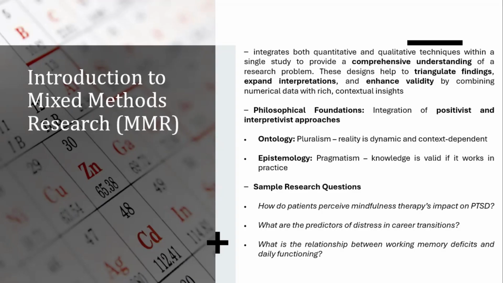That's triangulation. Integration of the methods can also help to expand our understanding and our interpretation, and it can also enhance the validity of our study. Okay, because if you are comparing numerical data to get a broader view and qualitative data to get a deeper understanding, then it helps us to have a very good understanding of our social world.